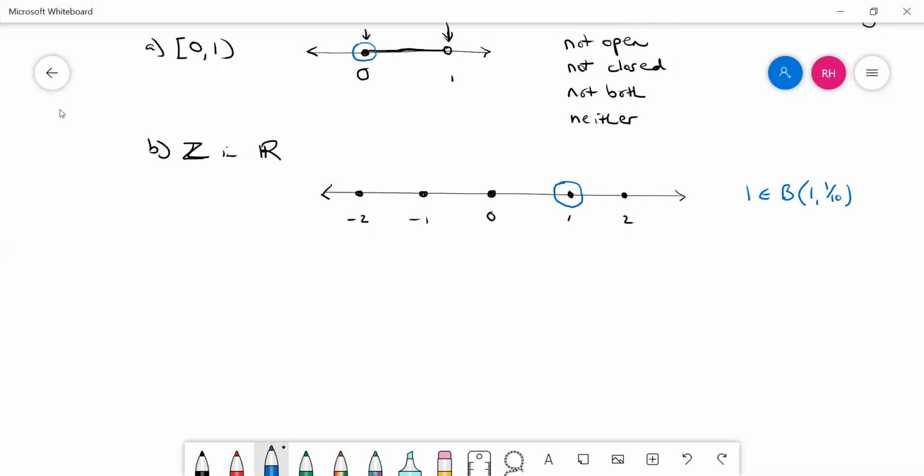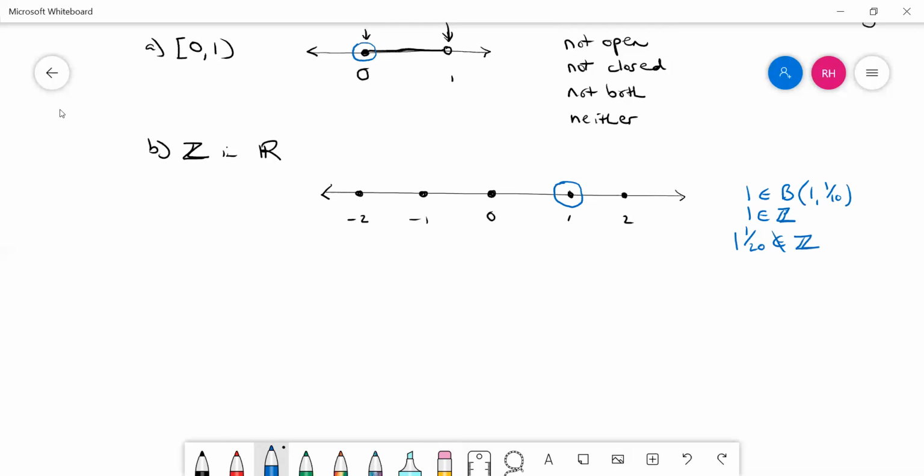But if I look at the point 1 and 1/20, that is in the ball, but it's not part of the integers. 1 is an element of the set Z, but 1 and 1/20 is not.